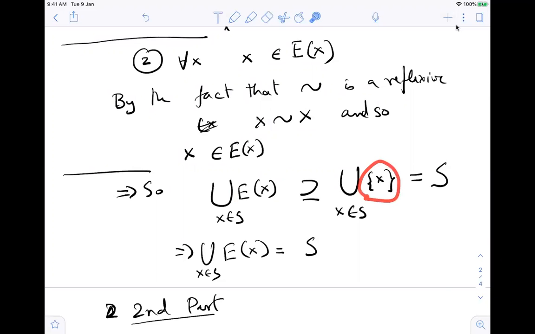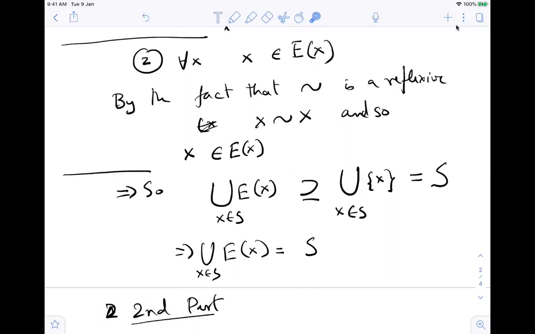Since X is a subset of E of X for every X, the union over E of X is a superset of the union over X in S. And what is the union over X in S? What is the union over all the elements that you have? It is exactly equal to all the elements that you have, right?